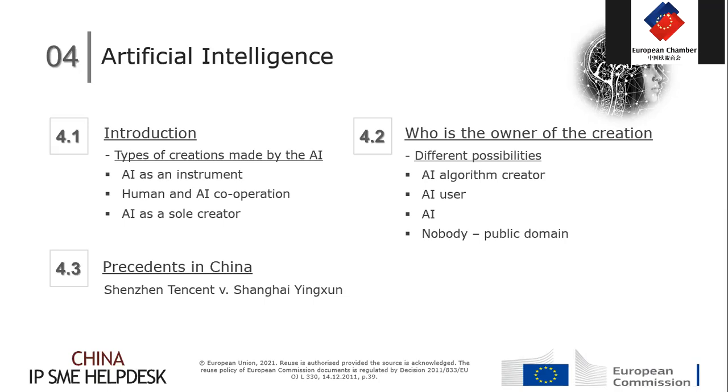Basically, this case can be explained like this. Tencent Beijing developed an artificial intelligence software that was capable of analyzing different articles and making a totally new article out of those other articles that were analyzed. Tencent Beijing provided the license to Tencent Shenzhen, and they started publishing different articles.